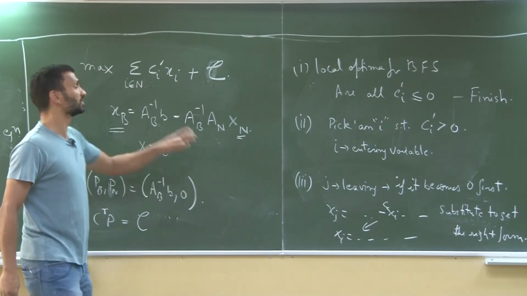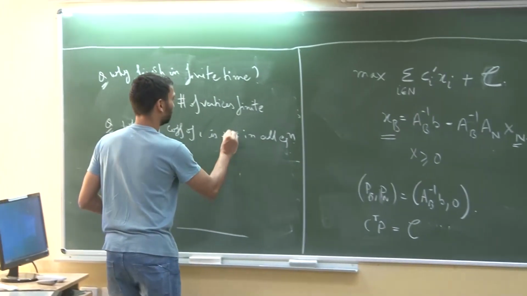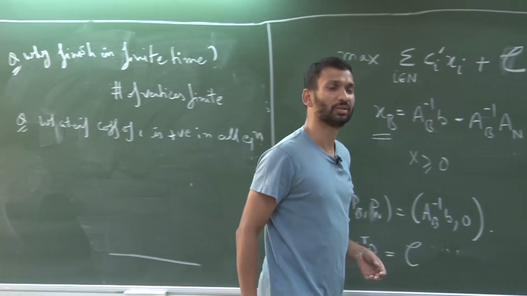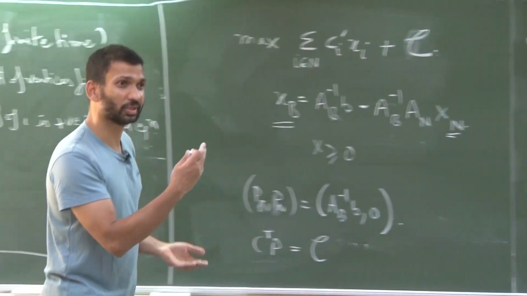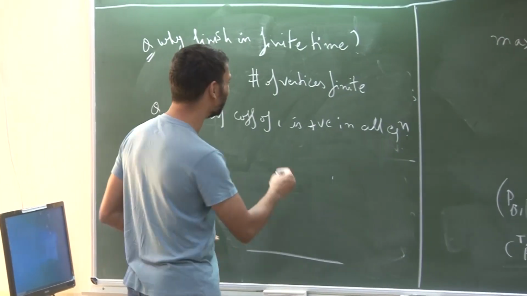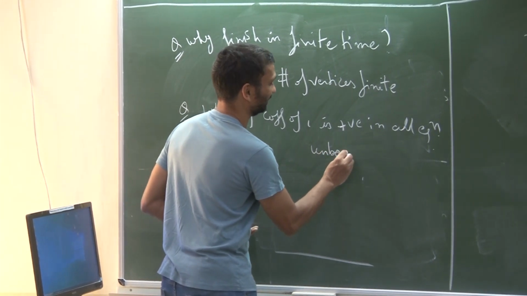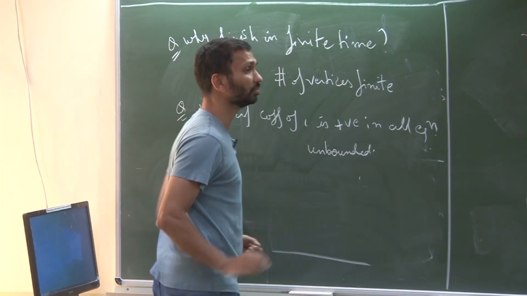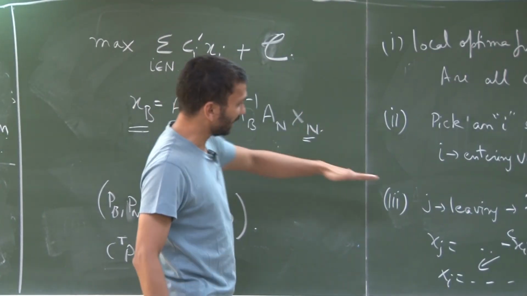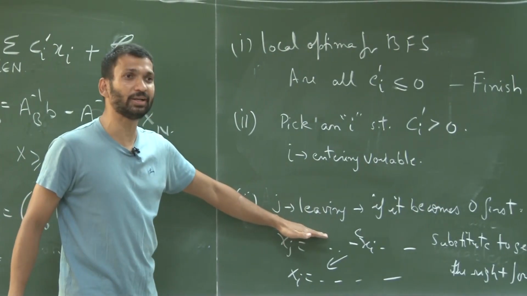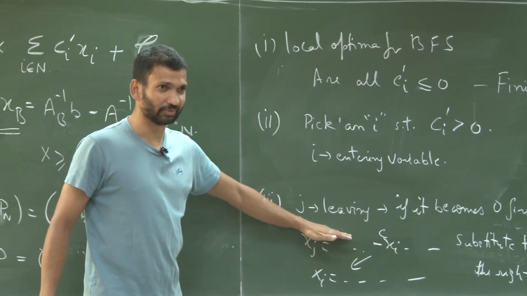Sorry, it's positive in all equations. Then what does that mean? All of you are out from the game. Okay, good. Always we are able to find the entering variable. We are always able to find the leaving variable.